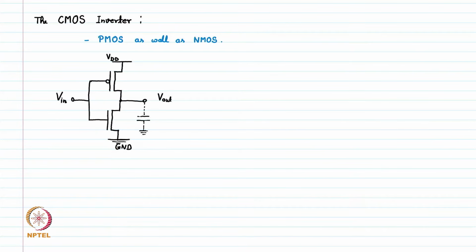So this is the basic structure of a CMOS inverter. This load capacitance, let's call it CL.